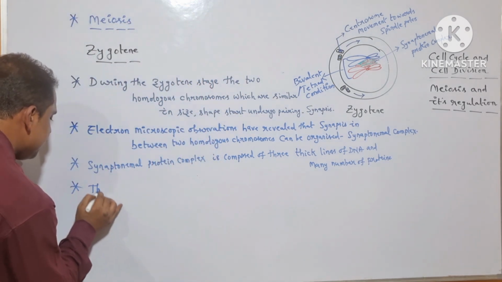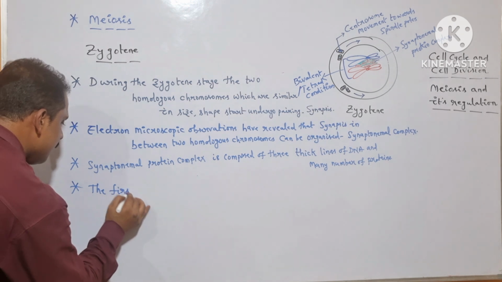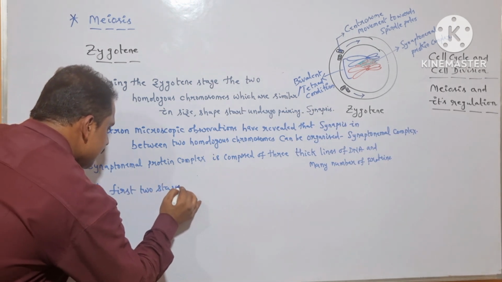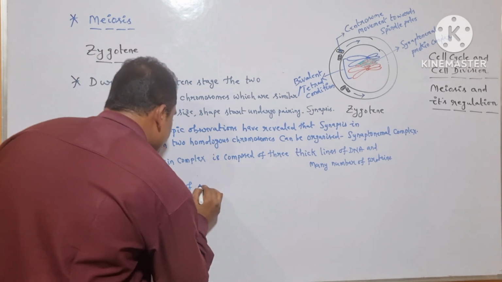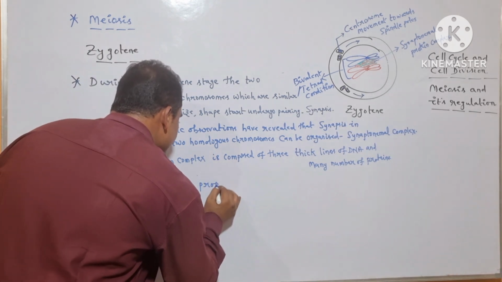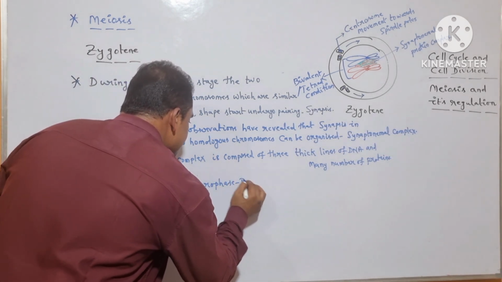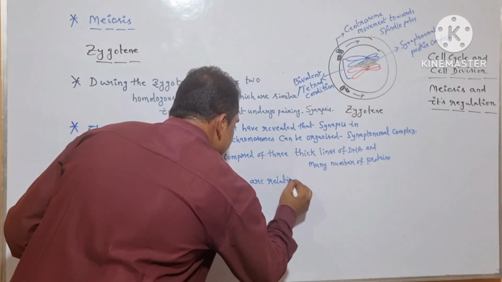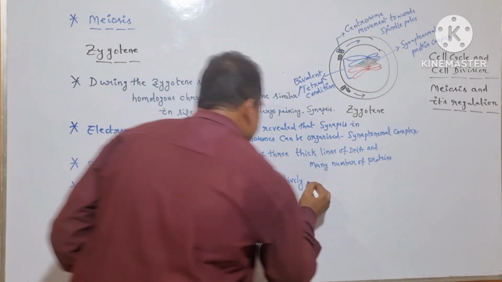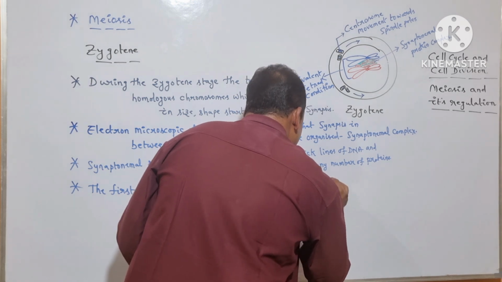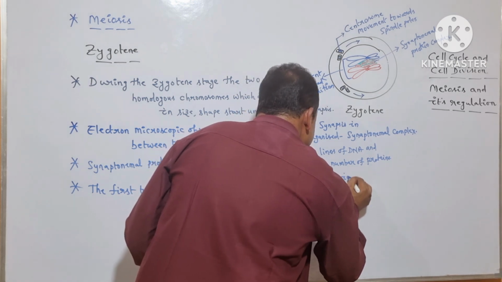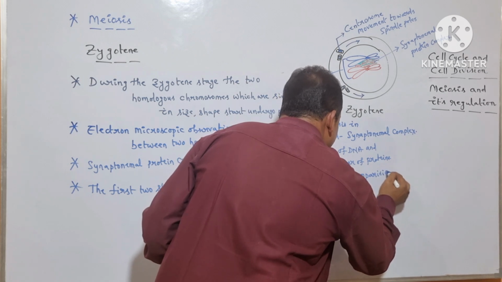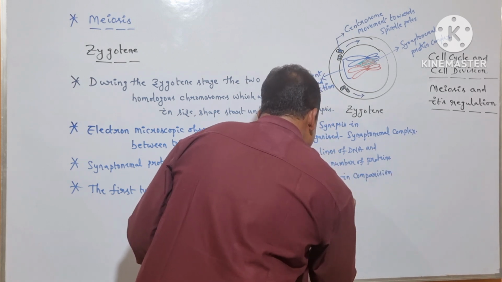The first two stages of the prophase 1 are relatively shorter in comparison with the pachytene stage.